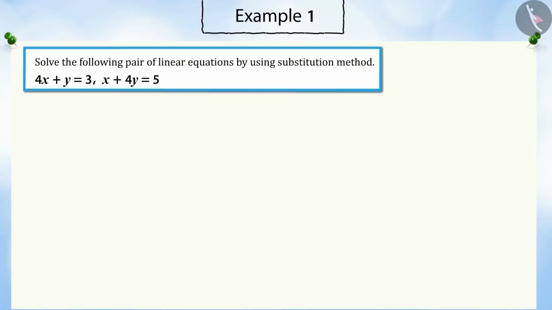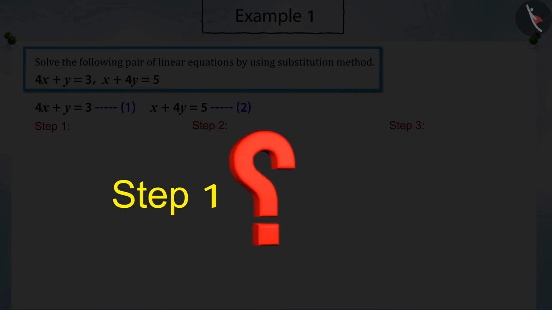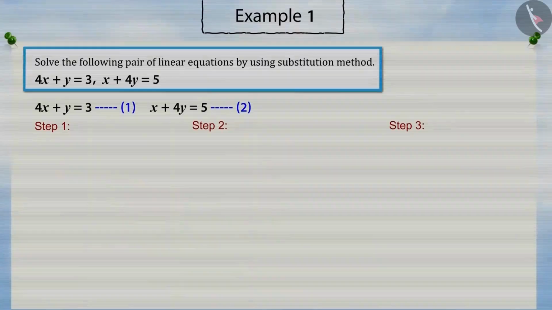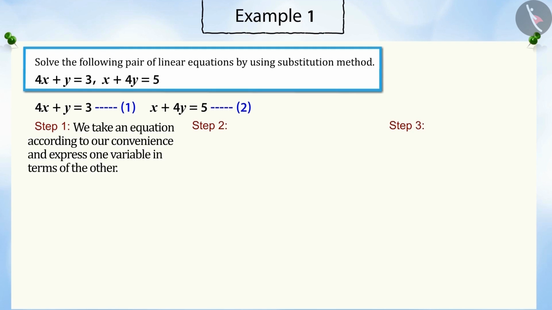Solve the following pair of linear equations by using the substitution method. Do you remember that the substitution method has 3 steps? Can you tell what is the first step? Yes, we take an equation according to our convenience and express one variable in terms of the other.